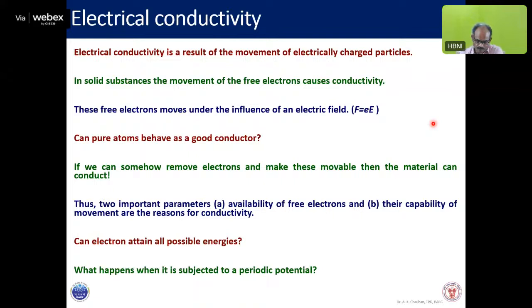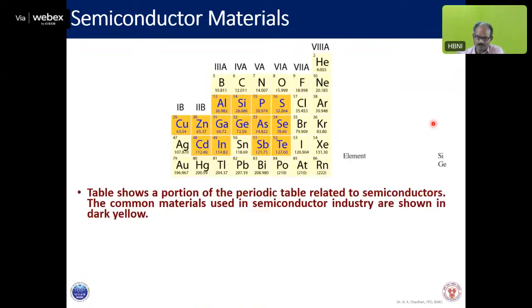But when it is inside a periodic potential, it is not the case. In that case, it can attain only certain energies. Other energies it cannot attain. This is a very important property, which is very useful in semiconductor physics.